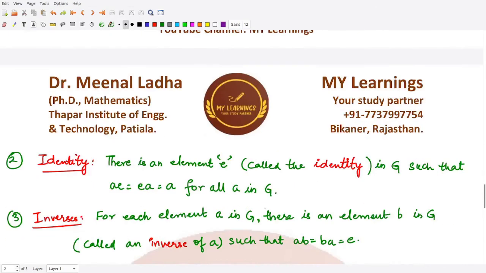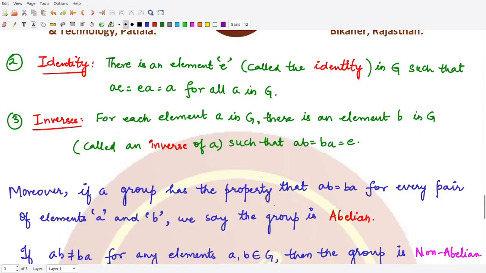The next one is the property of identity. Here we say that there exists an element which we denote by E, known as the identity. There should exist an element E in the set G such that when you perform A star E or E star A, you get just A, the element itself.